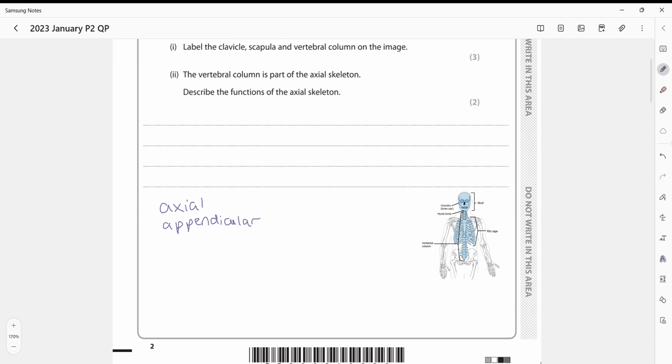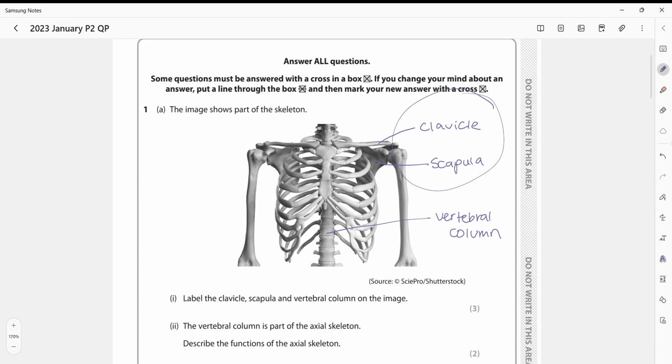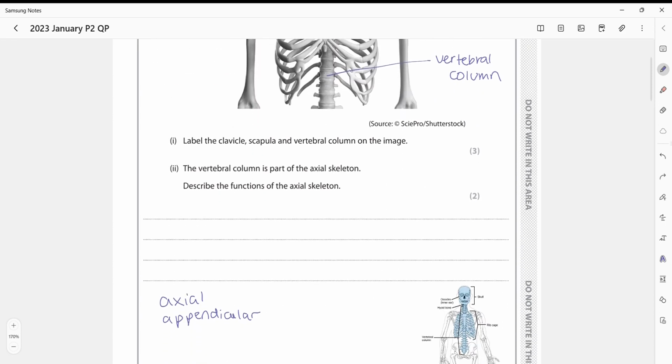Your axial skeleton consists of your skull, your vertebral column, your rib cage, and that's mostly important for protecting the body, or protecting internal organs specifically. And your appendicular skeleton consists of your scapula, your clavicle, so these two here, as well as the pelvis and the limbs. The appendicular skeleton is responsible for movement.